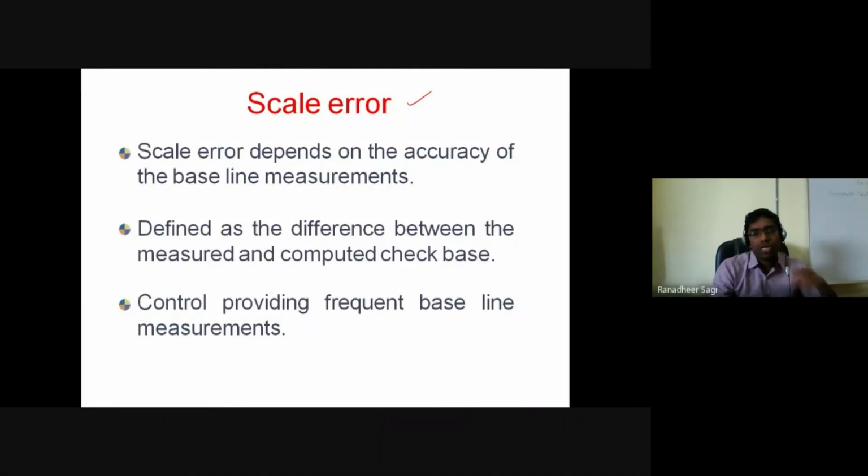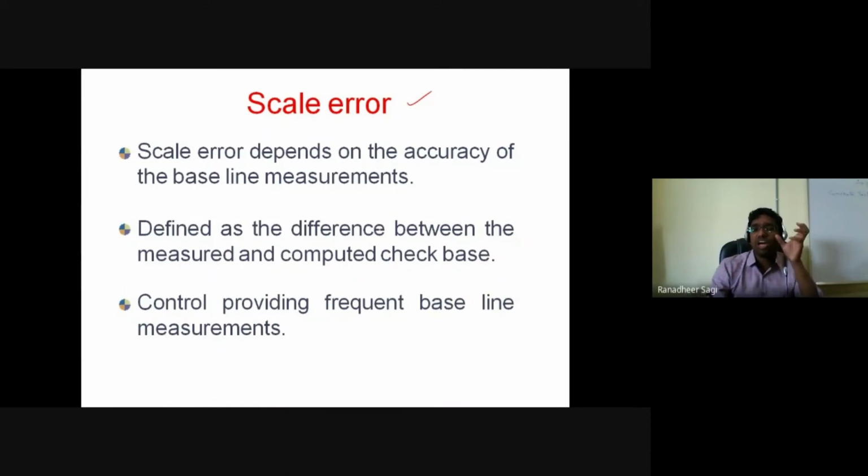So what does this word scale error mean? Scale error, in the sense, the dimensions you are trying to find out, the sides of your triangle, the sides of your base quadrilateral, or the sides of your centered polygon, the sides of all those figures, with what accuracy you are calculating basically depends on your baseline measurement.